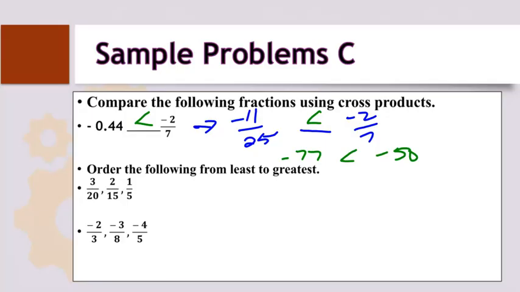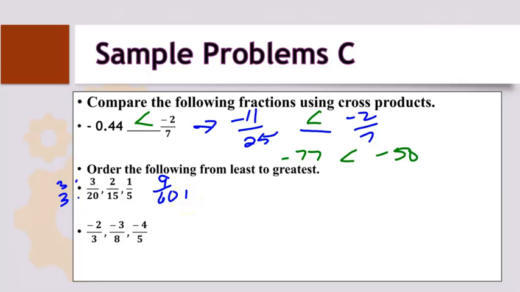Here we want to order the following from least to greatest. So to do that, we need to have everything with common denominators. So if I put a common denominator of all 3 of them, 60 would be a common denominator. So if I put all of them in 60ths, so this would be times 3. So that's 9/60ths.